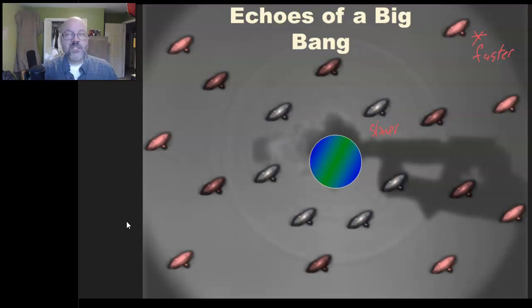So everything that we look at in the distant universe, they're not all moving away, but 99.99% of them are moving away from us. I think there are a few oddballs, but the general trend is that these things are moving away from us. And the further away they are, the faster they're going.